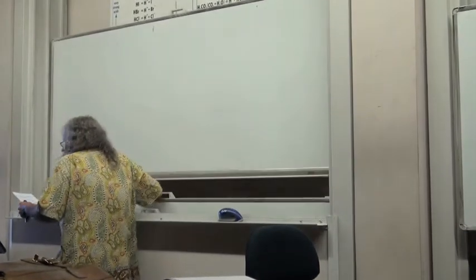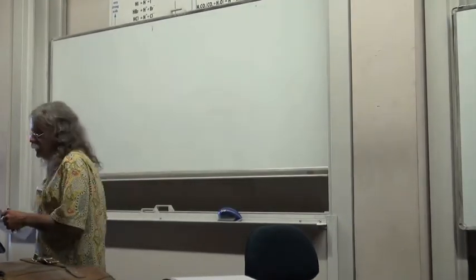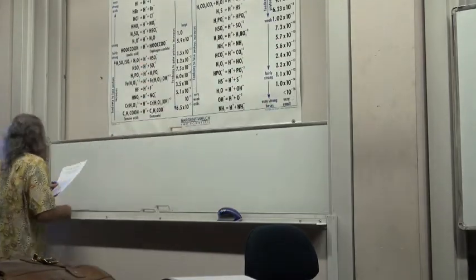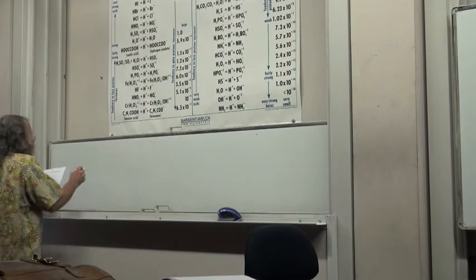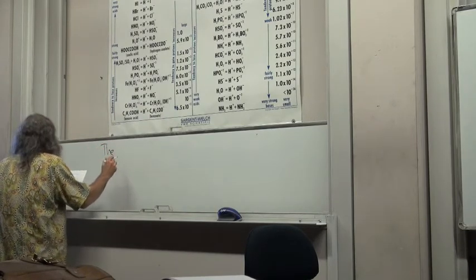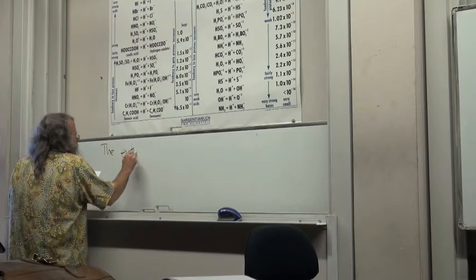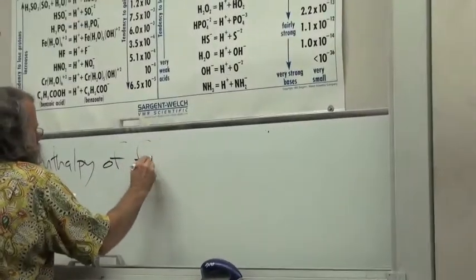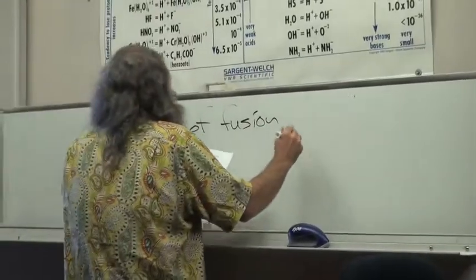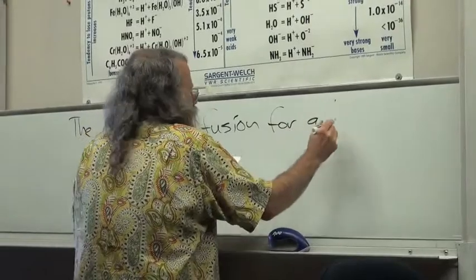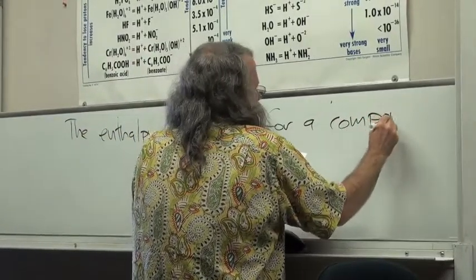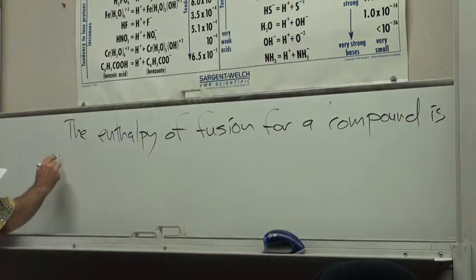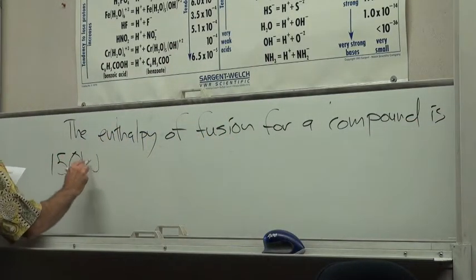The nice one is actually question number 2 on the actual test, and that is: the enthalpy of fusion for a compound is 150 kilojoules per mole.